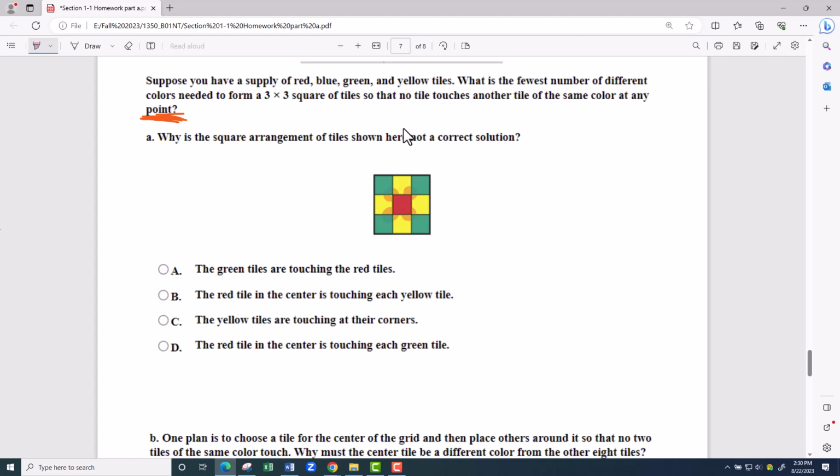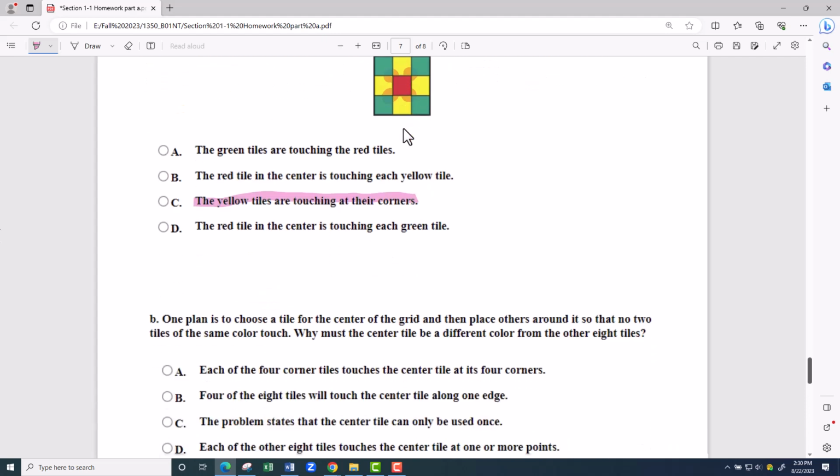The green tiles don't touch each other. There's only one red tile, but the yellow tiles are touching each other at their corners. And that's why this at any point is very important.